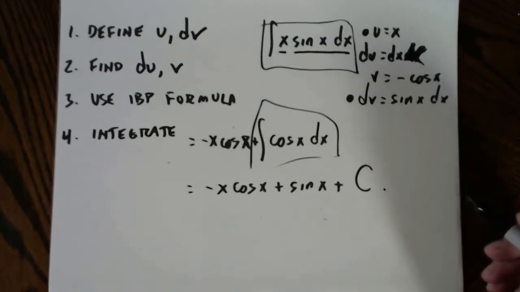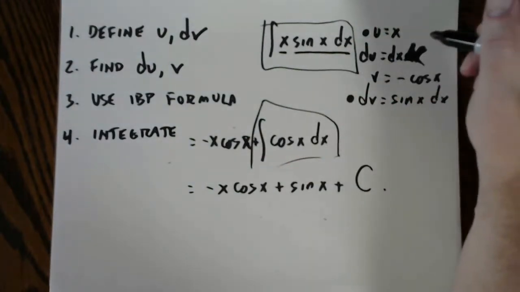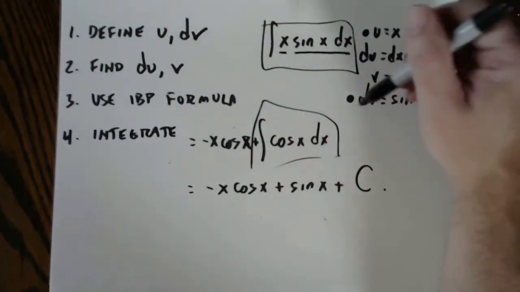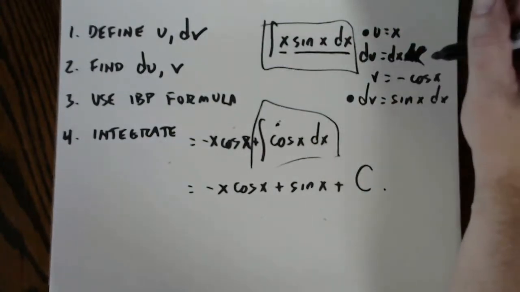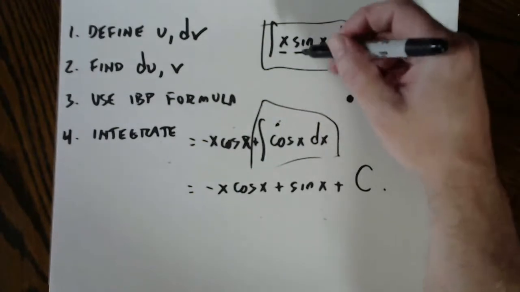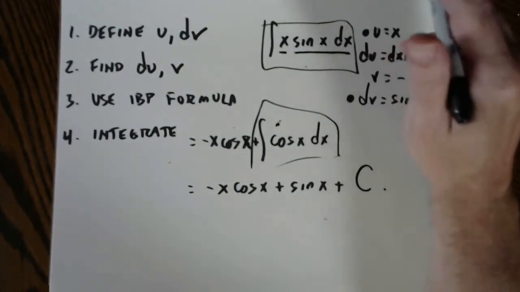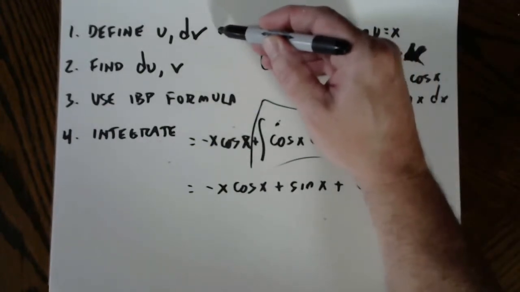So to go back to strategy, if you go through the first three steps and you're left with something that you cannot integrate, something that might even look worse than the original, then it's possible, not definite, that you made the wrong choice up here, that this is a poor selection.